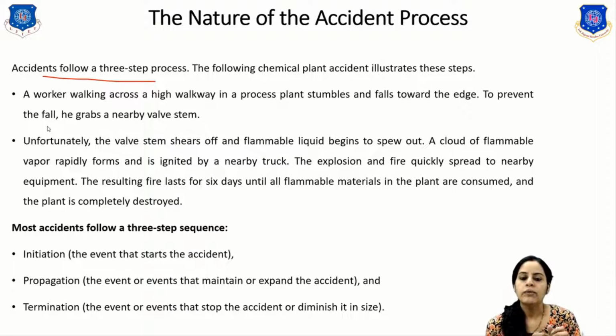A cloud of flammable vapor rapidly forms and is ignited by a nearby truck. The explosion and fire quickly spread to nearby equipment, and the resulting fire blast lasts 6 days until all the flammable material in the plant is consumed and the plant is completely destroyed.